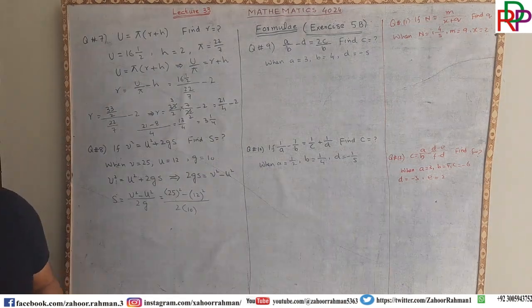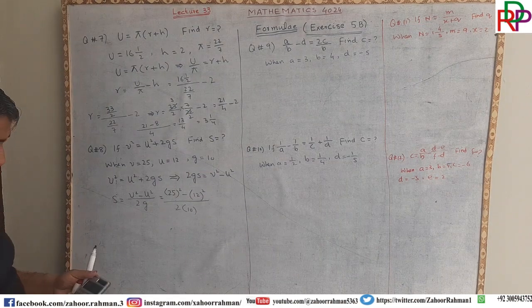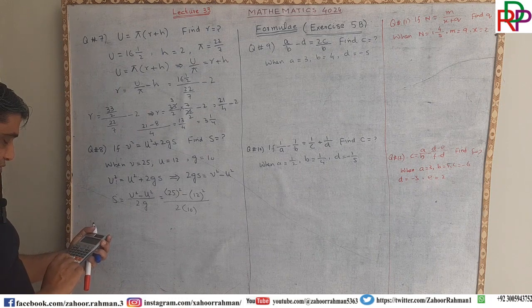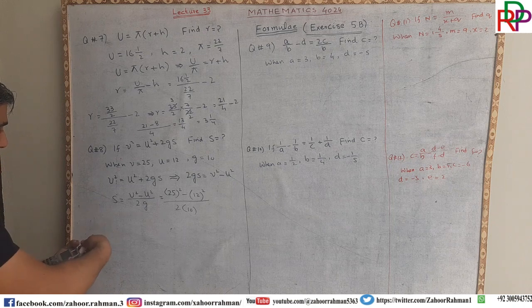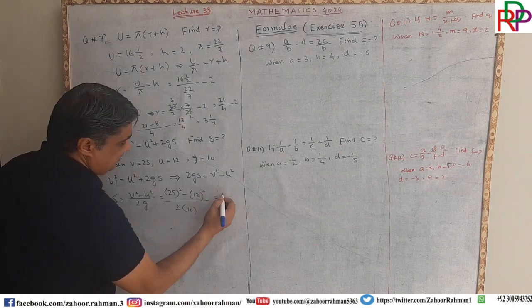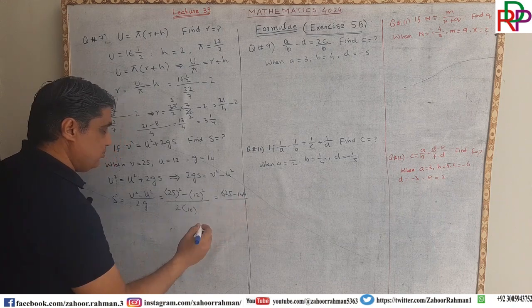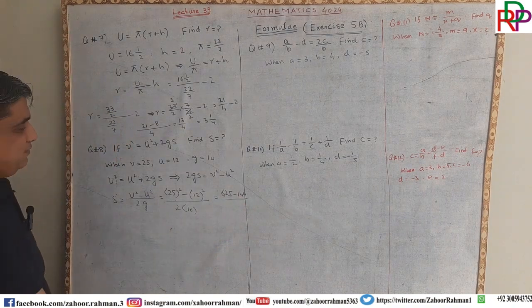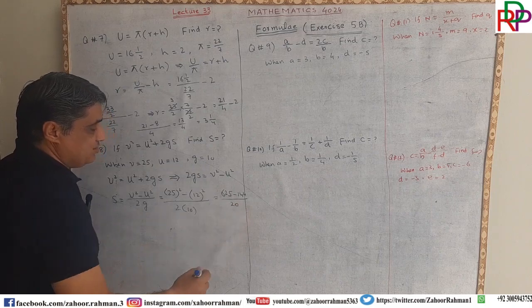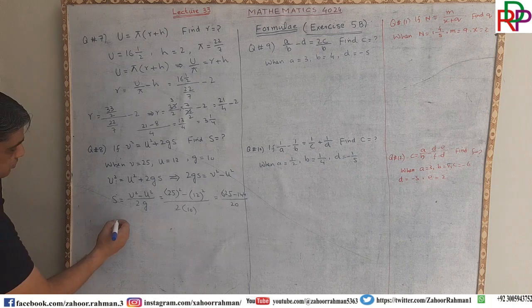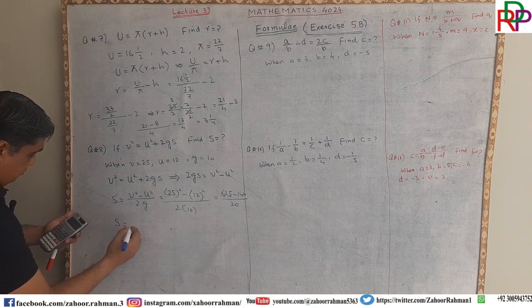Now I will need the calculator to save time. 25 square means 625. 625 minus 144, because I know 12 12s are 144, and 2 10s are 20.